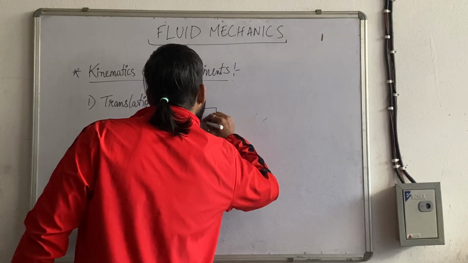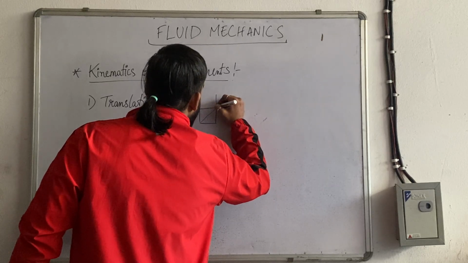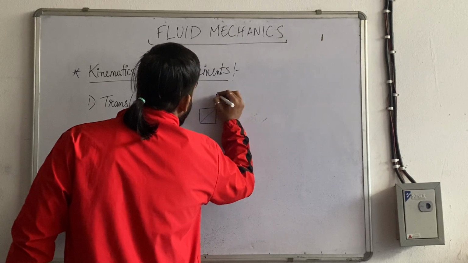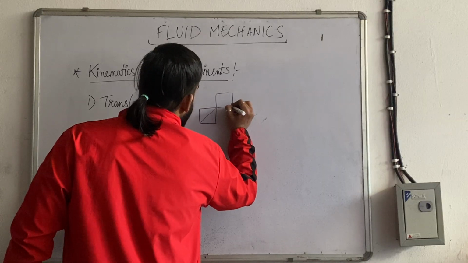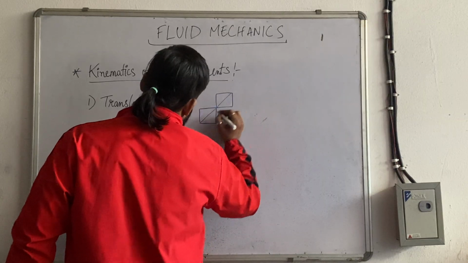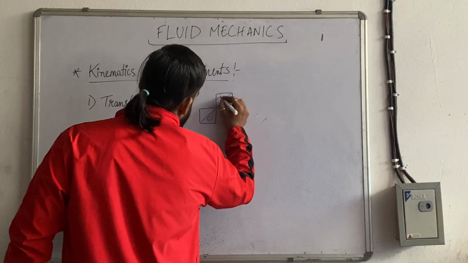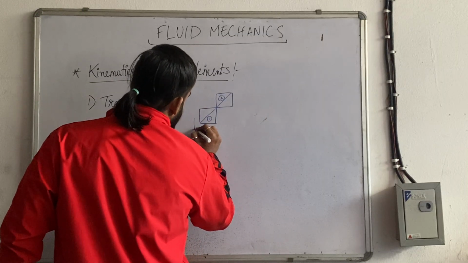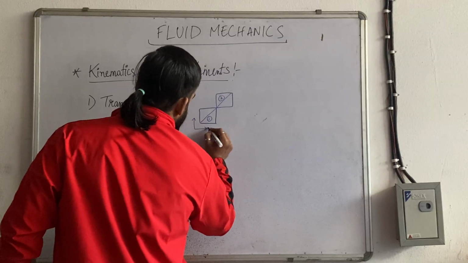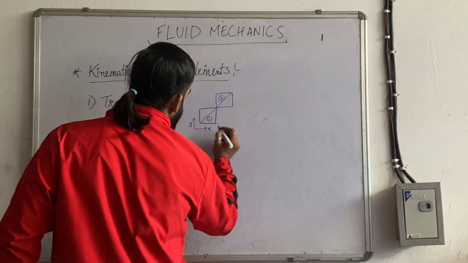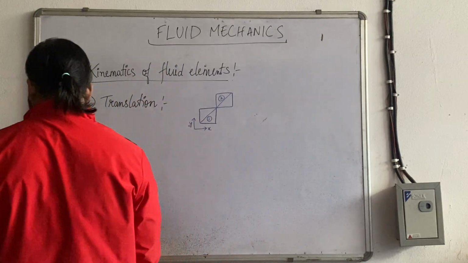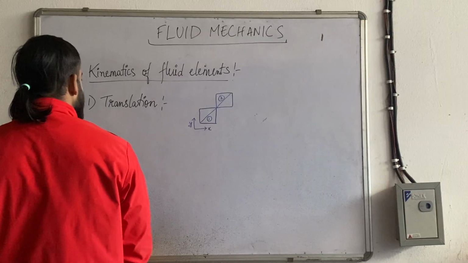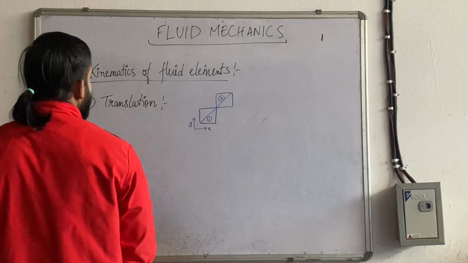This will move towards this. This is 1 and this is 2, in the XY plane. This is known as translation motion of a fluid element.